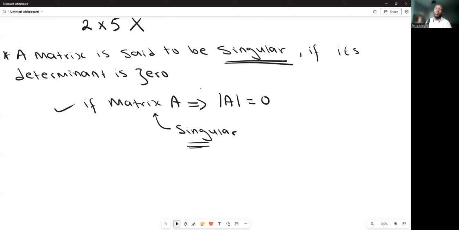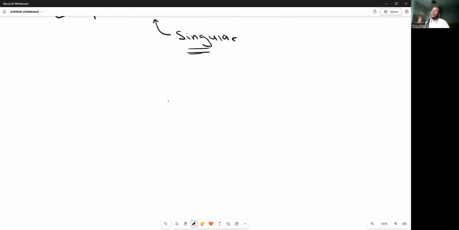So those are keywords you need to understand. We're going to talk about this very soon when I get to the inverse of a matrix. But as usual, I want to make note of it here so that when I get to that stage, I know I've mentioned it earlier.